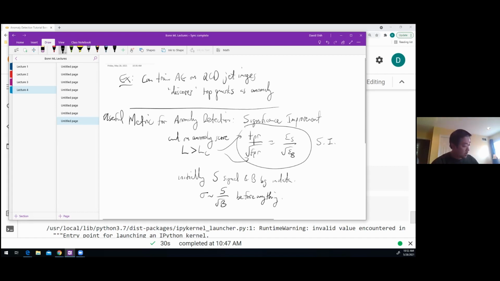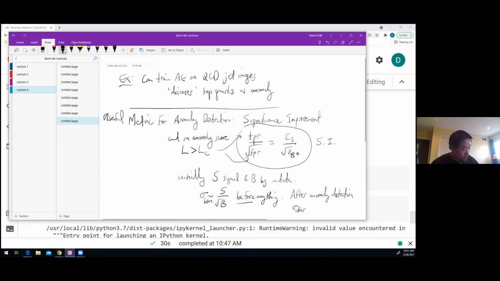Okay, so after anomaly detection, after a cut on my anomaly score, what do I have left? Well, my S got multiplied by epsilon S, my B got multiplied by epsilon B, right? So after anomaly detection, I have sigma, so this is sigma before, this is sigma after.